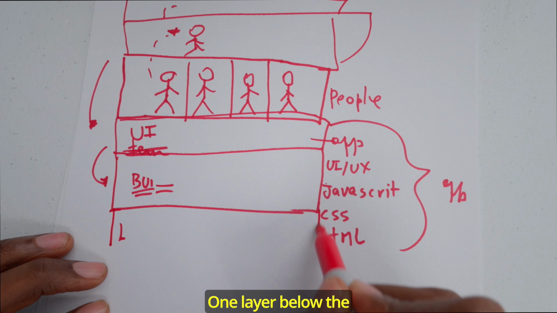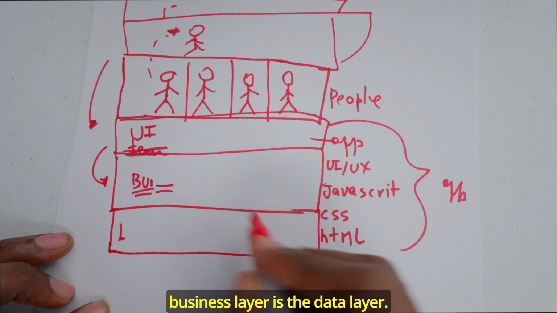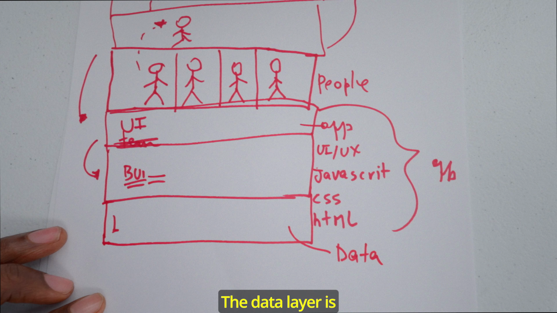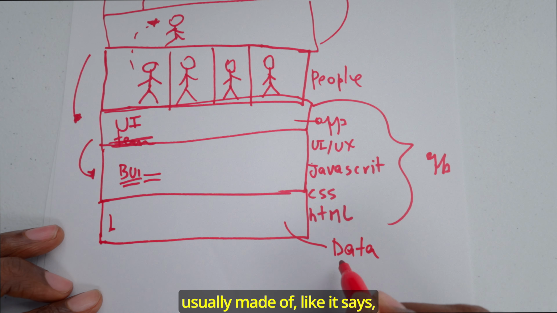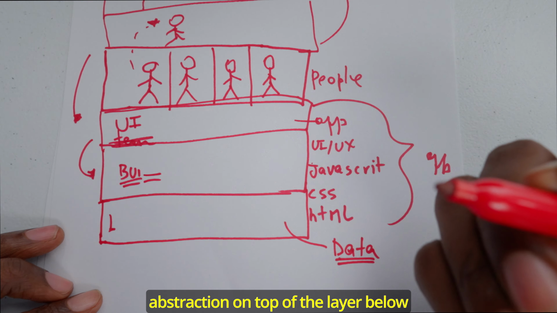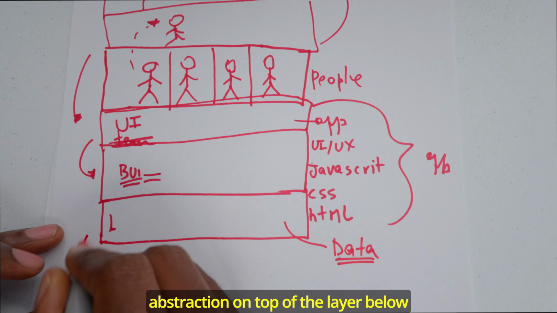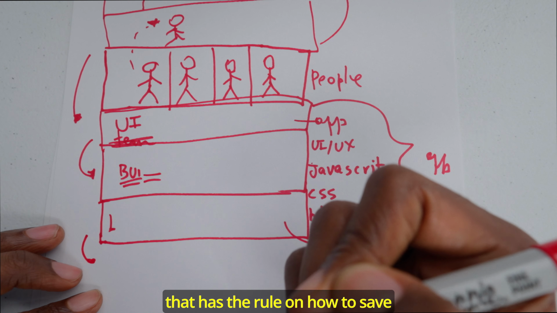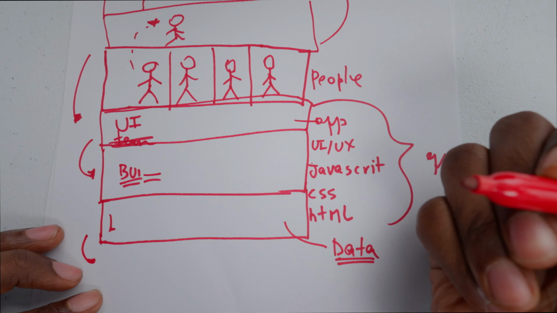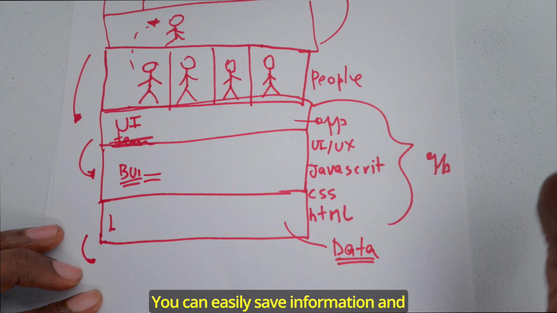One layer below the business layer is the data layer. The data layer is usually made of, like it says, an abstraction on top of the layer below that has the rules on how to save information for the long term so that you can retrieve information that is saved, right?